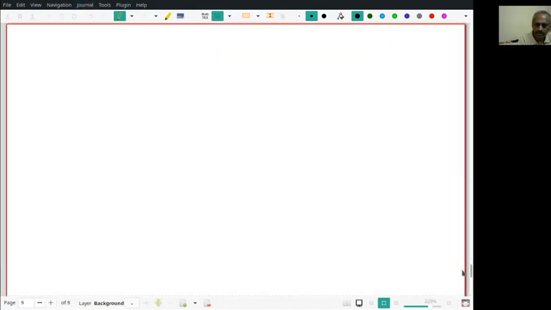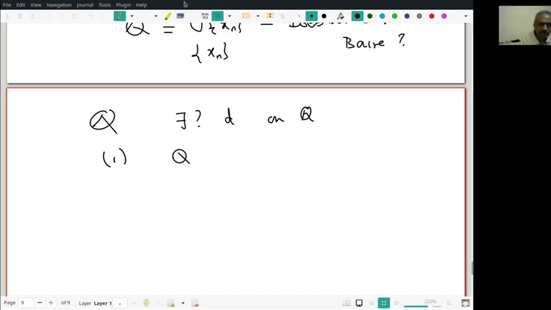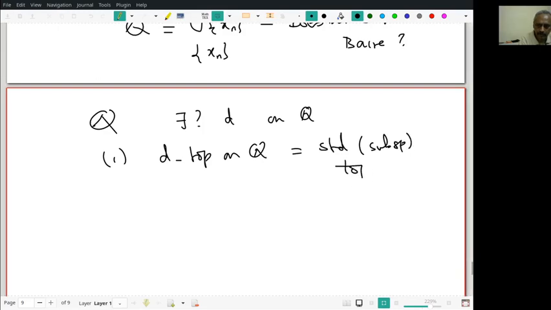One more. Now suppose I have Q, and I am looking for a metric D on Q with two properties. One, the D topology on Q is the same as the standard topology on Q, that is the topology induced by the absolute value metric.